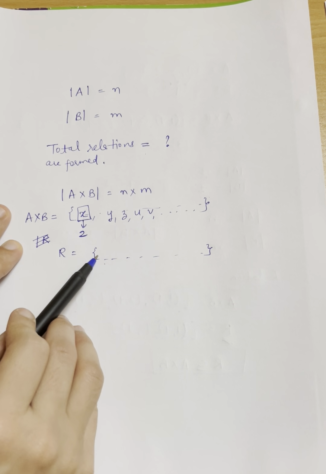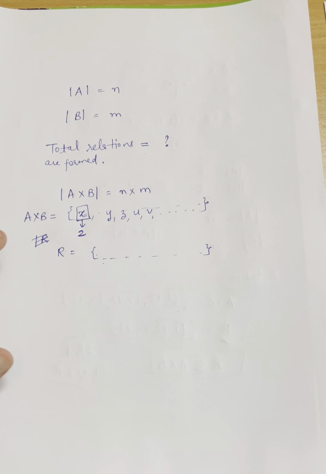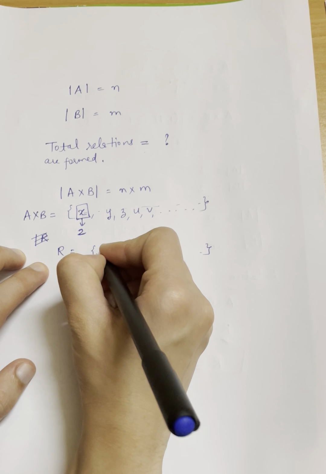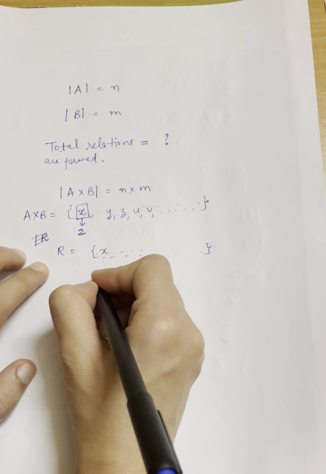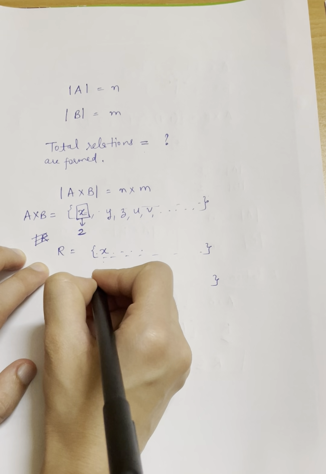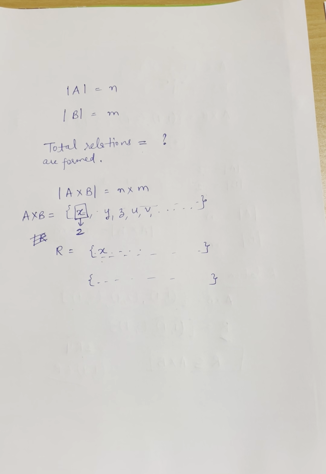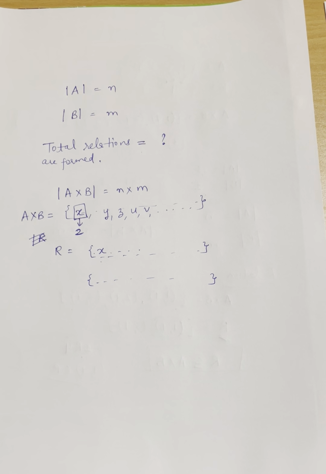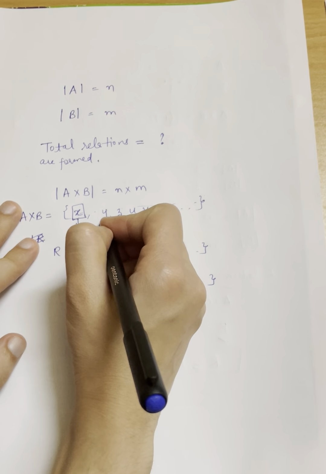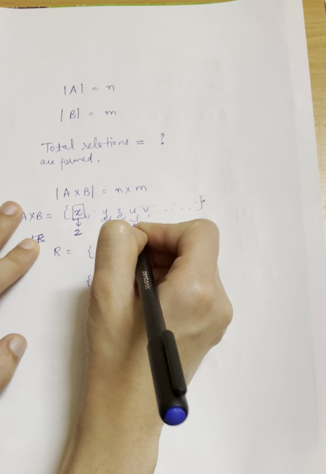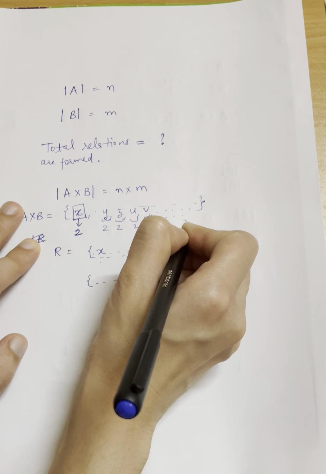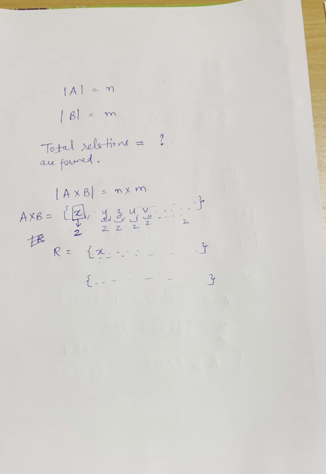Either this element comes in this relation or not. So we have two possibilities, either to take this element or not. And similarly for each element we have two possibilities.